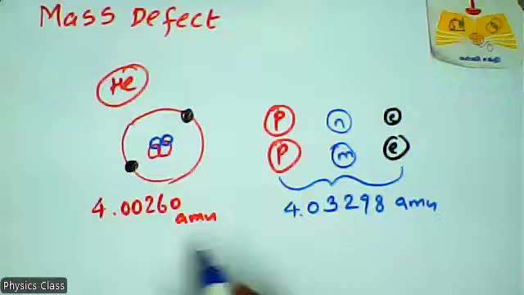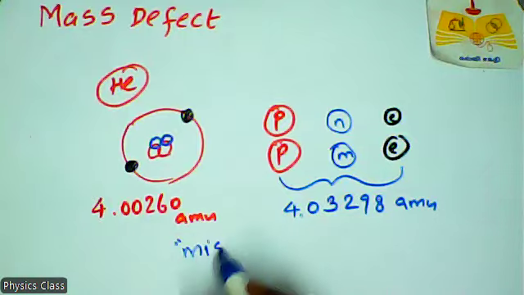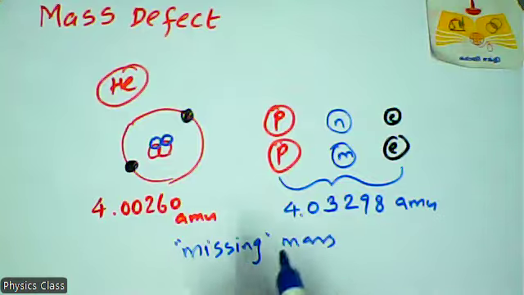So the missing mass equals the binding energy holding the atom together. This is the mass defect.